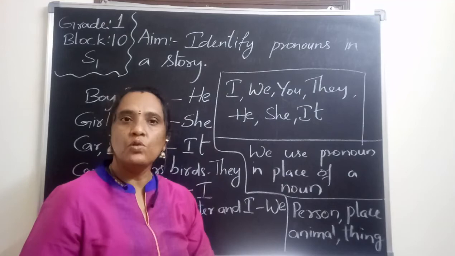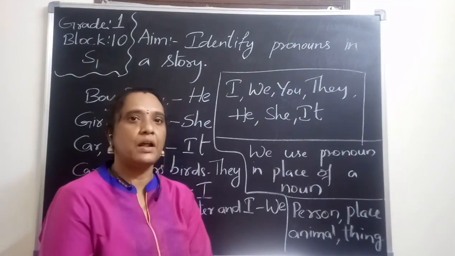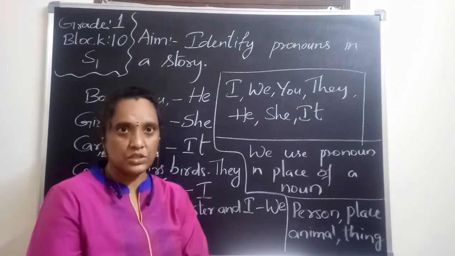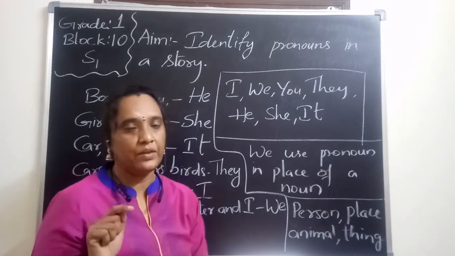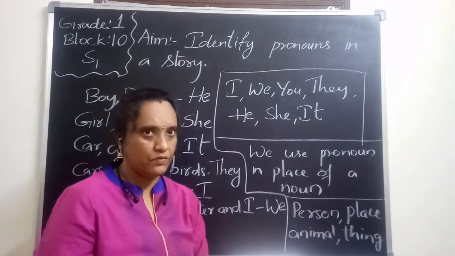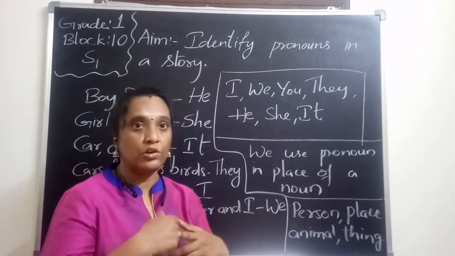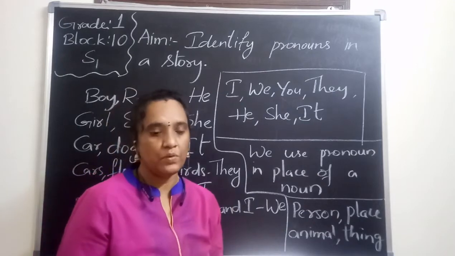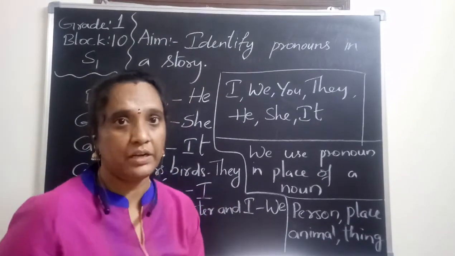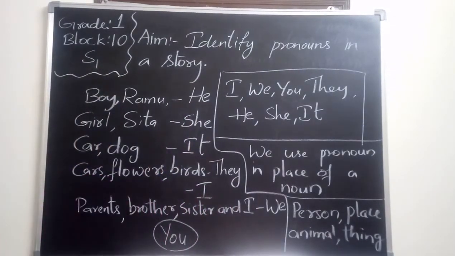Now you want to identify these pronouns in your textbook Rolly and Rana lesson and circle them. After completion of that, you want to identify and write the sentences in your volume. Now open your volume page number 10. If you open your volume page number 10, you can see the pronouns in a story.